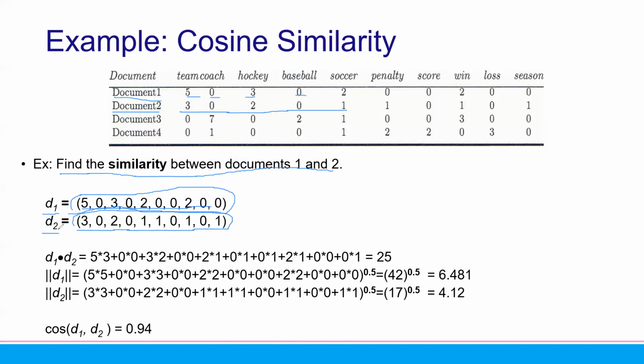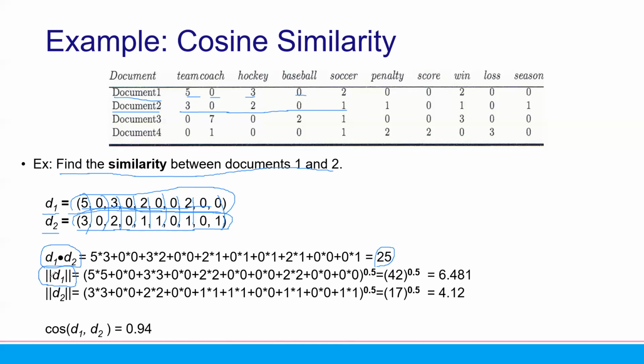So as the formula mentioned, we have D1 multiplied by D2. So we have, yeah, 5 multiplied by 3, and then 0 multiplied by 0, 3 multiplied by 2, 0 multiplied by 0, 2 multiplied by 1, 0 multiplied by 1, 0 multiplied by 0, and so on until the end. And we get the result 25. What about D with 2 horizontal lines?